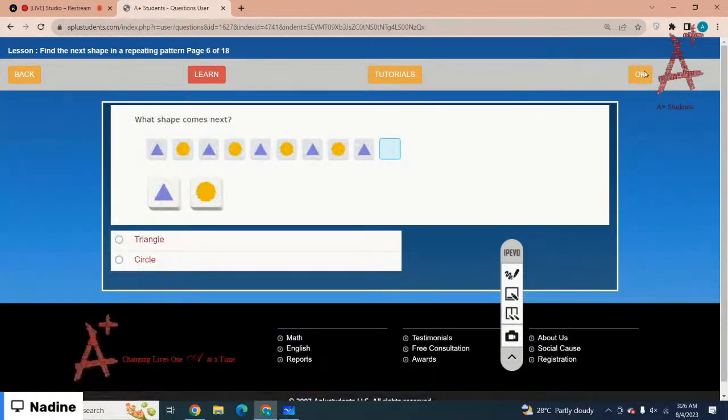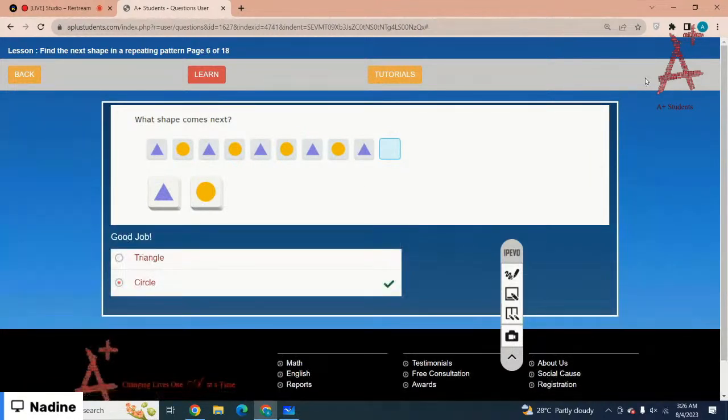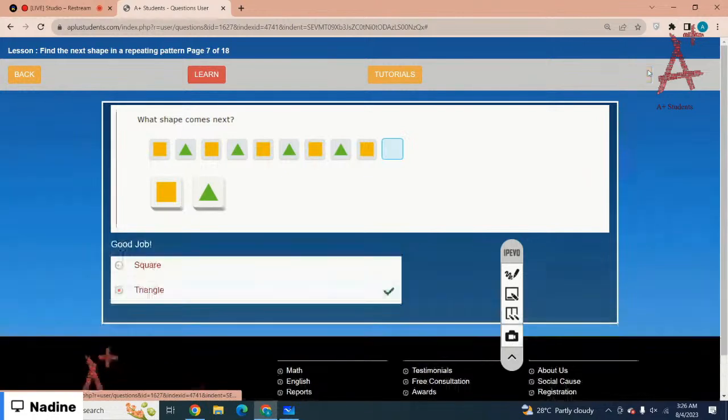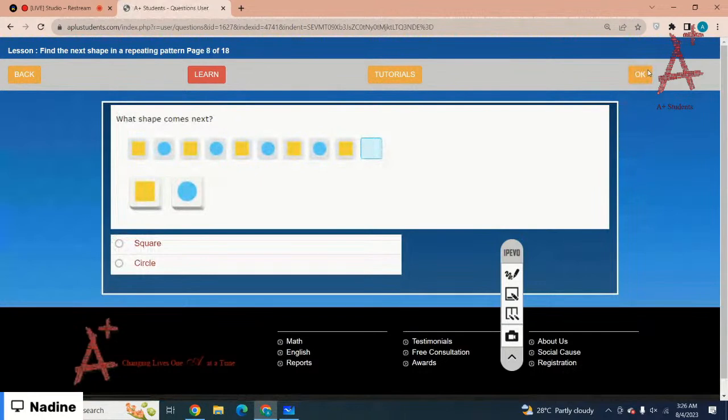What shape comes next? Which is the correct option? It would be circle. What shape comes next? Which is the correct option? The correct option is triangle. What shape comes next?